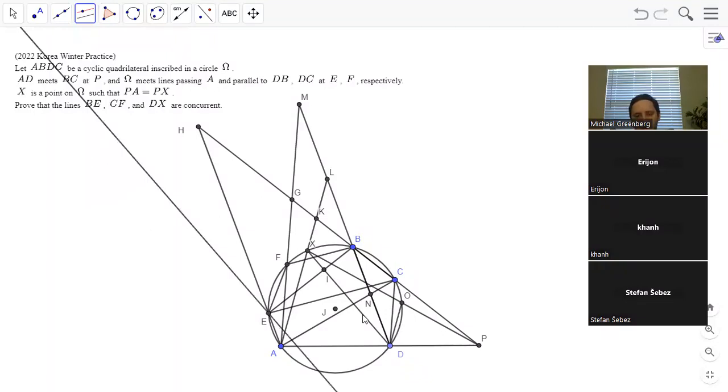We get X, B, D, and this point. Let me think about this.